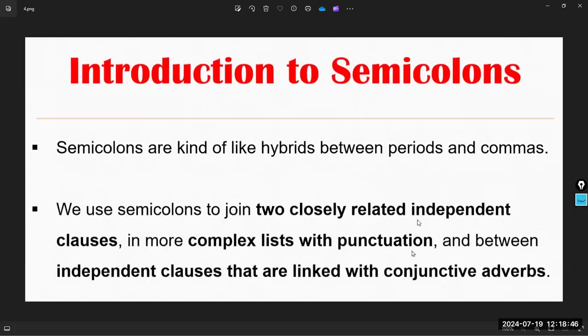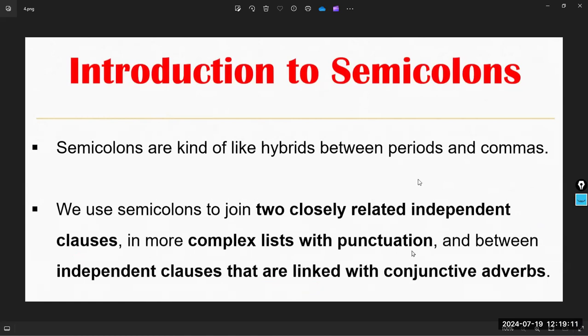Now I think it's the time to discuss the uses of this punctuation mark. So we use the semicolons to join two closely related independent clauses, in more complex lists with punctuation, and between independent clauses that are linked with conjunctive adverbs. So what does that mean?